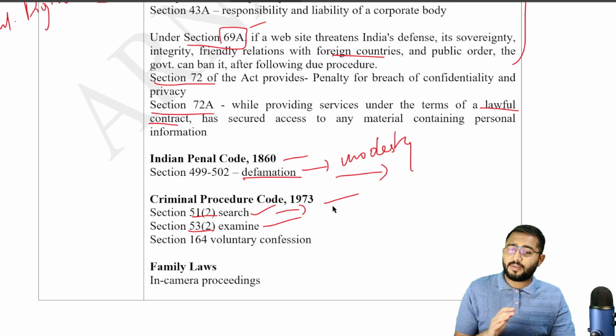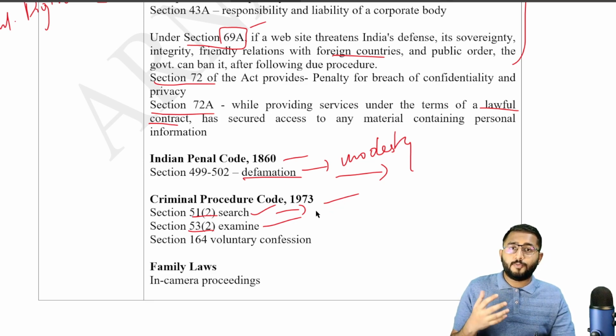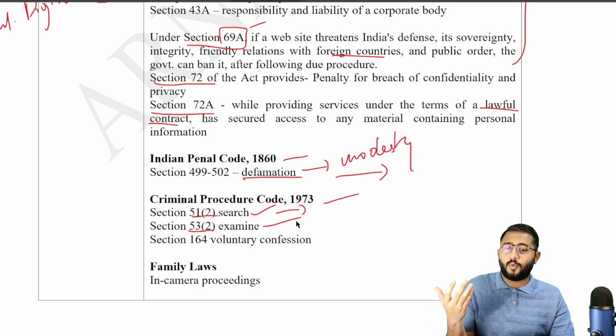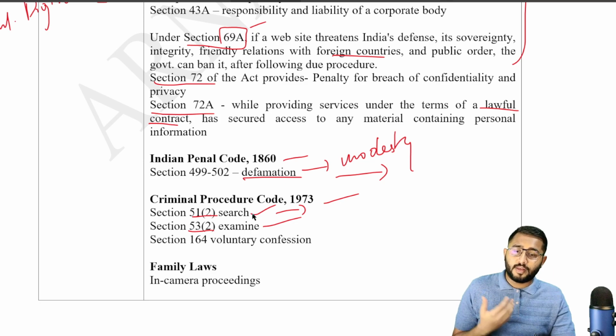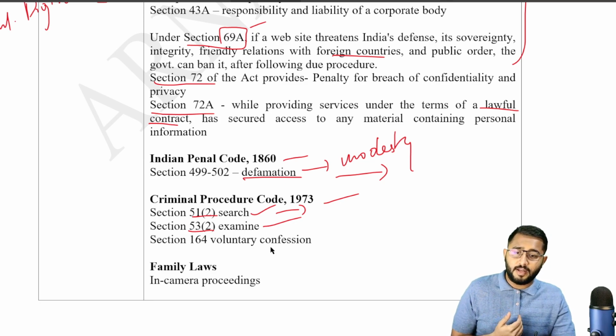Here the Criminal Procedure Code again recognizes that a woman and her body are private, and this can only be maintained if the search and evidence are handled by a female officer and a female medical practitioner, right? Then comes Section 164, which is about voluntary confessions.